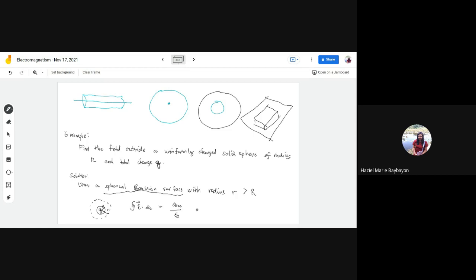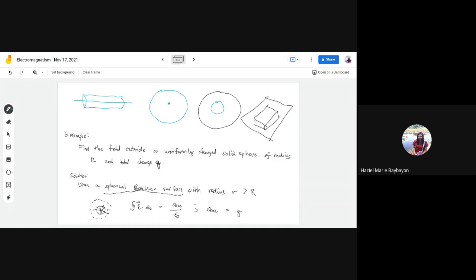So for this example, what is our Q enclosed, class? Q enclosed is equal to Q. So the enclosed charge is just equal to the total charge of the sphere, which is Q.